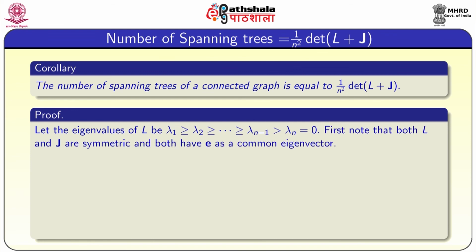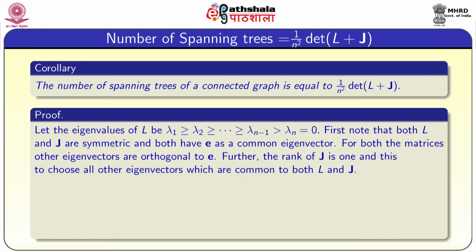First note that both L and J are symmetric and both have E as an eigenvector. For both the matrices, the other eigenvectors are orthogonal to E. Further, the rank of J is 1 and this helps us to choose all other eigenvectors which are common to both L and J.